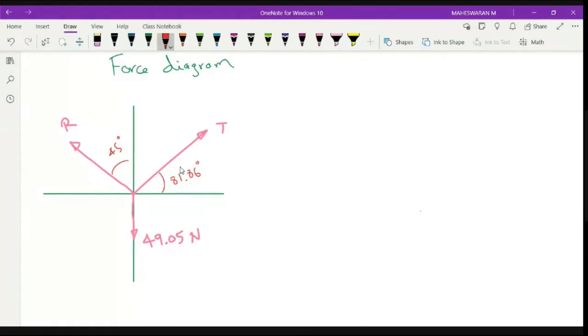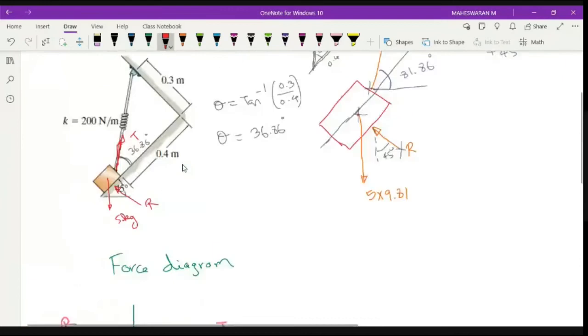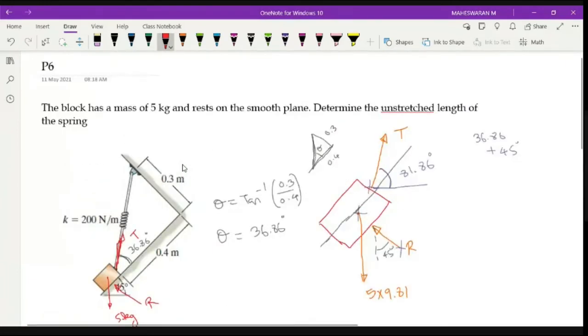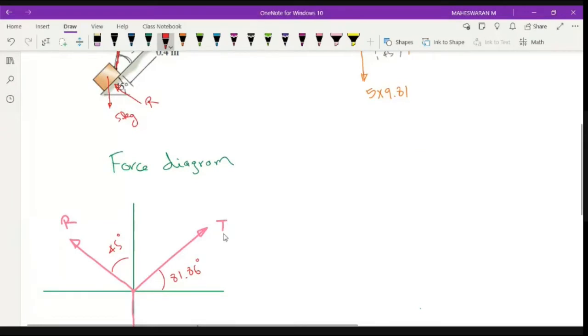So I have these three forces to identify. My aim is to identify the unstretched length, which means it deals with T. So I need the force exerted on that spring, right?